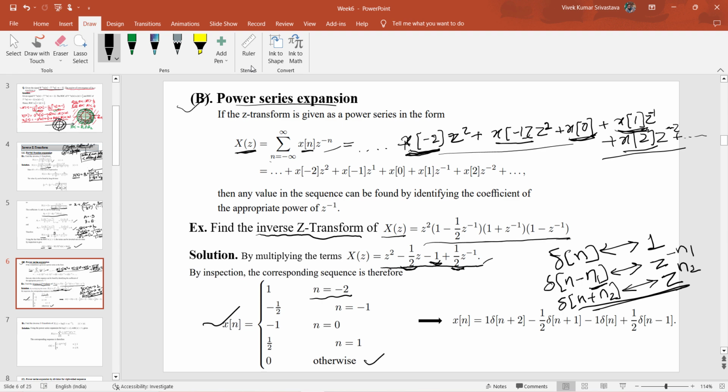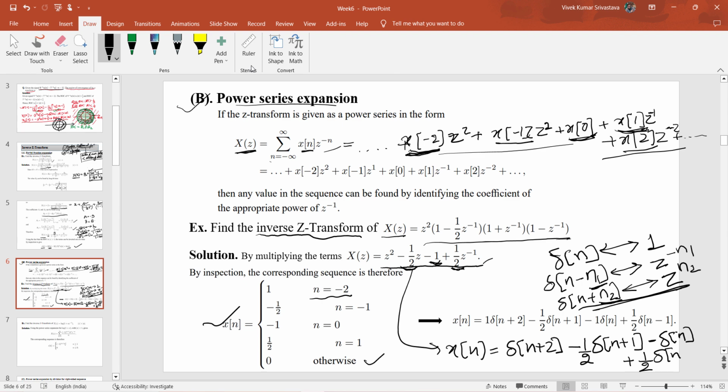So if we take the inverse z transform, this we can write as x of n is equal to delta of n plus 2, because here the signal is advancing. Then this will be 1 by 2 delta of n plus 1, then this will be delta, this is minus here, just a moment, then this will be 1 by 2 delta of n minus 1.